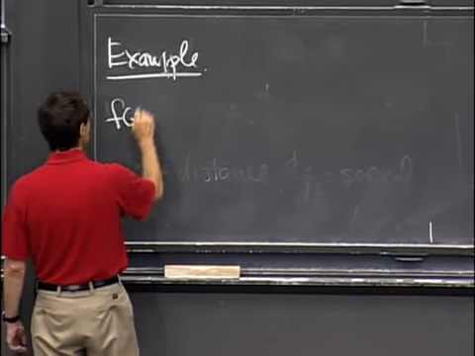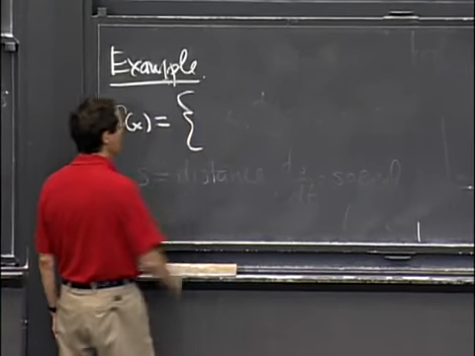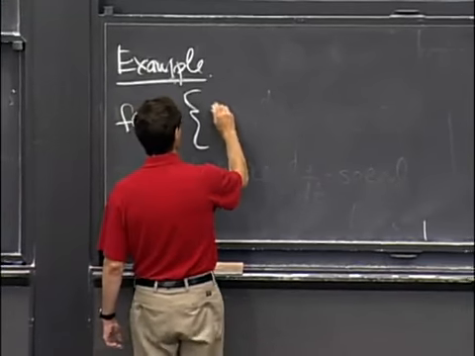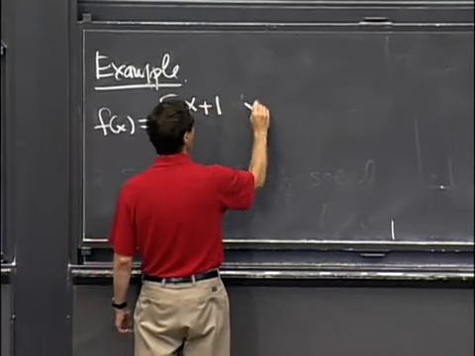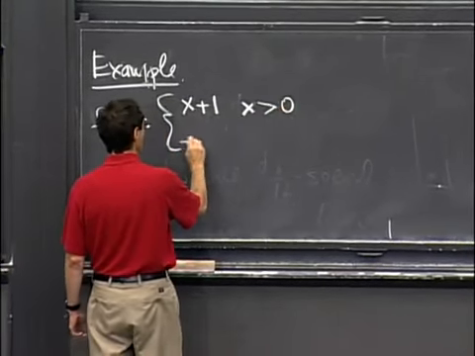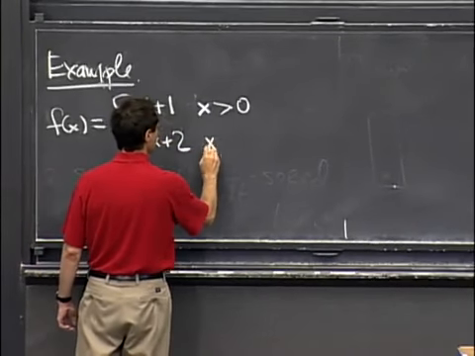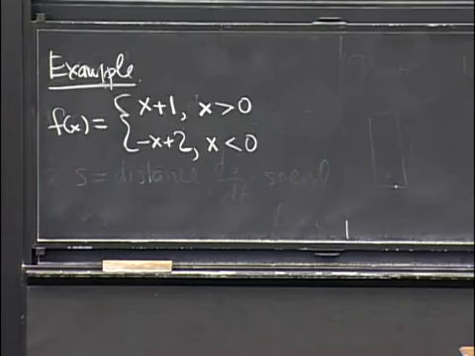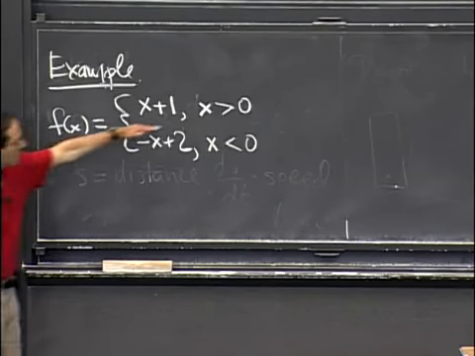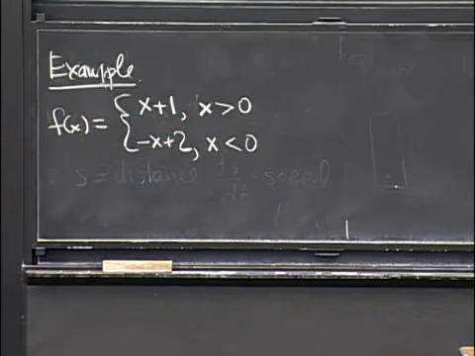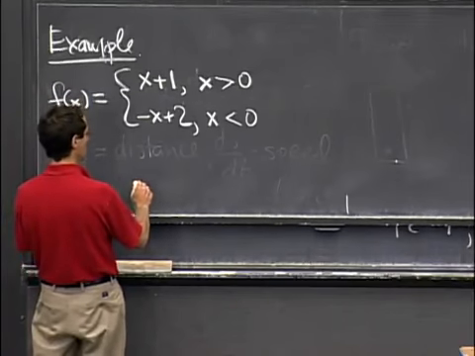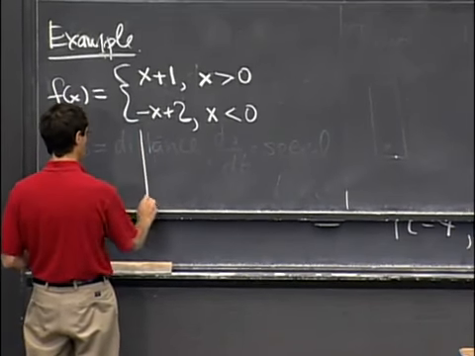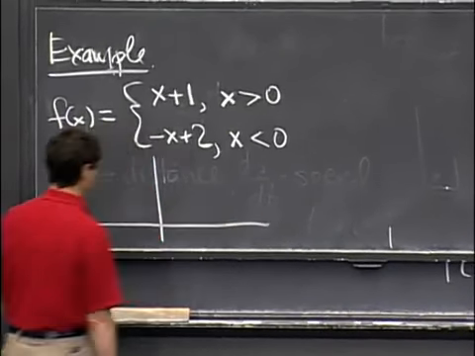So I'll take a function which has two different definitions. Say it's x plus 1 when x is bigger than 0, and minus x plus 2 when x is less than 0. All right, so maybe put commas there. So when x is greater than 0, it's x plus 1. Now I can draw a picture of this. It's going to be kind of a little small because I'm going to try to fit it down in here, but maybe I'll put the axis down below.